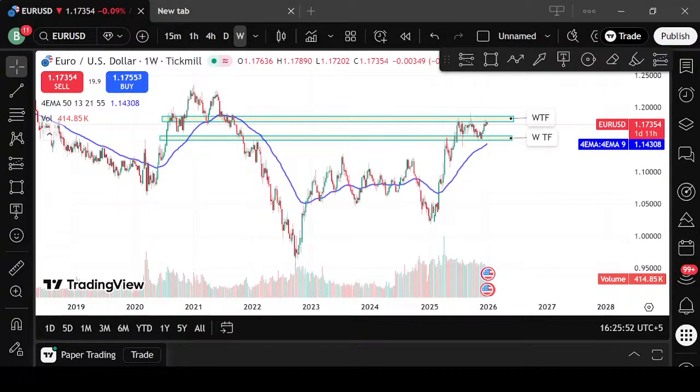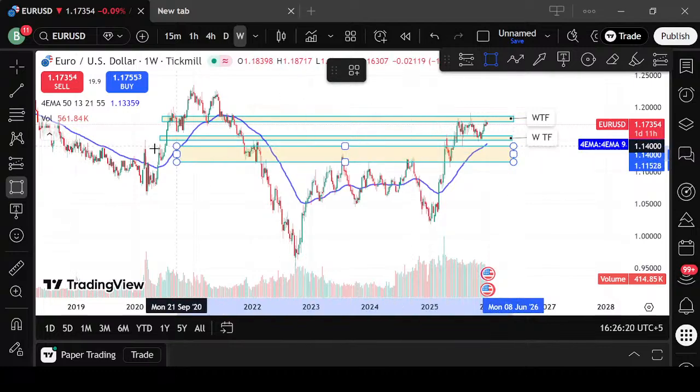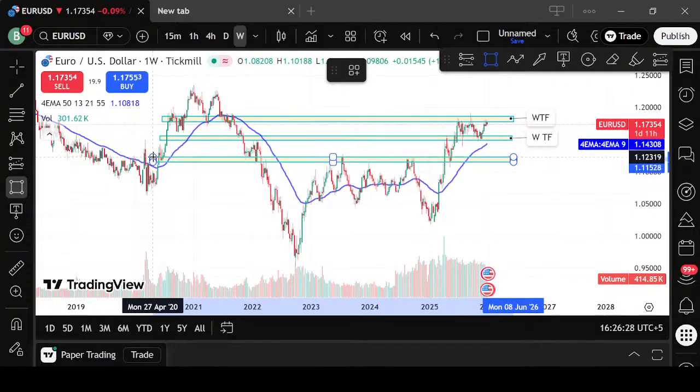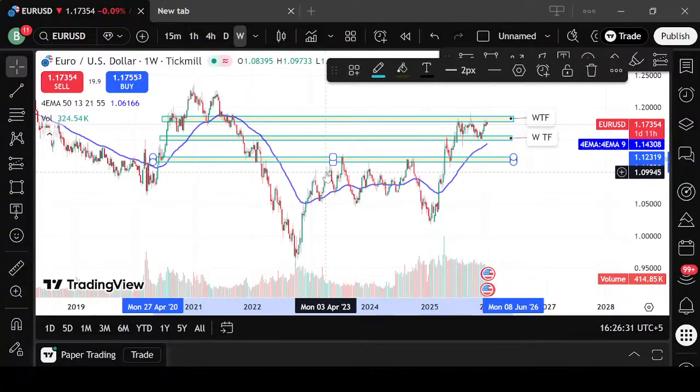Now the second thing is, I have to mark another support area right here because you can see clearly that, first of all, let me mark this area. This is clearly the support, second support.